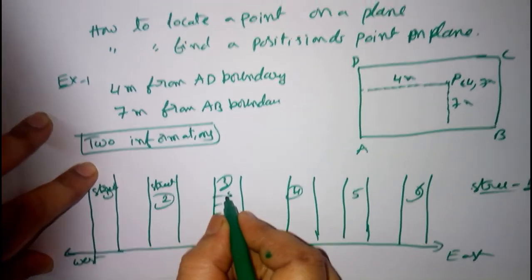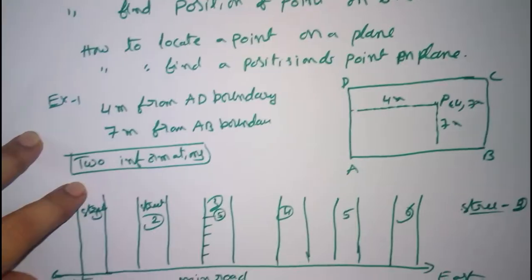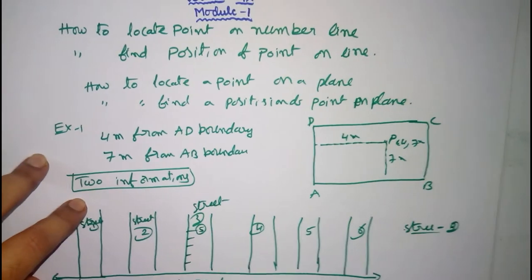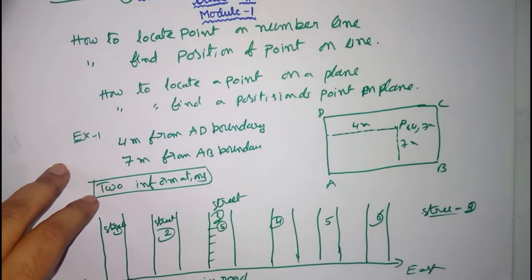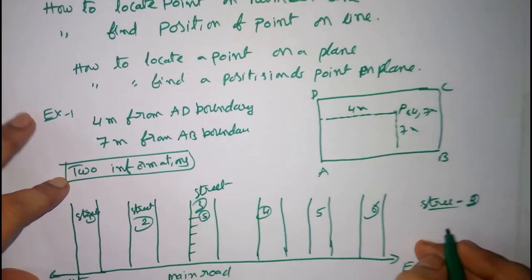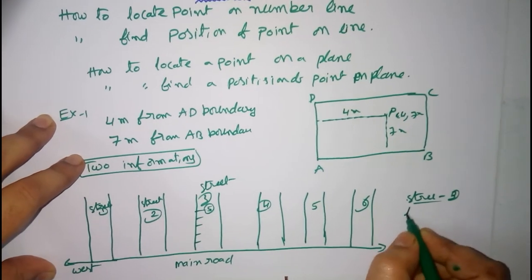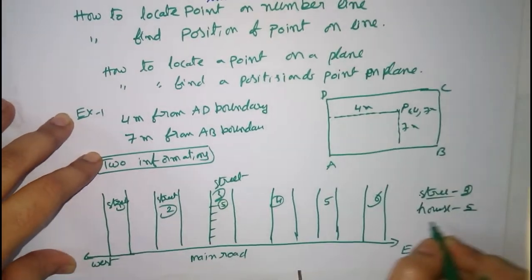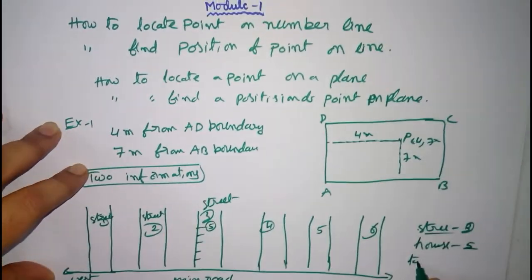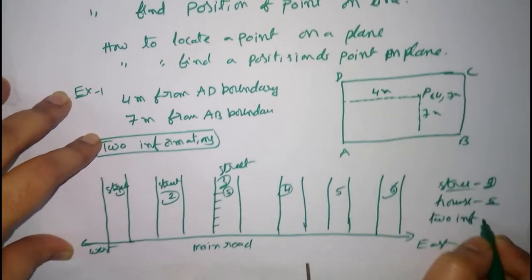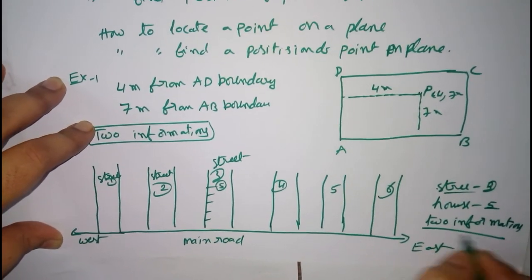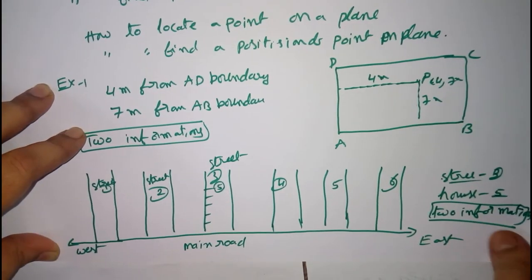With these two pieces of information, he can reach his uncle's house. So how many pieces of information has he taken? Two: street number 3, house number 5.